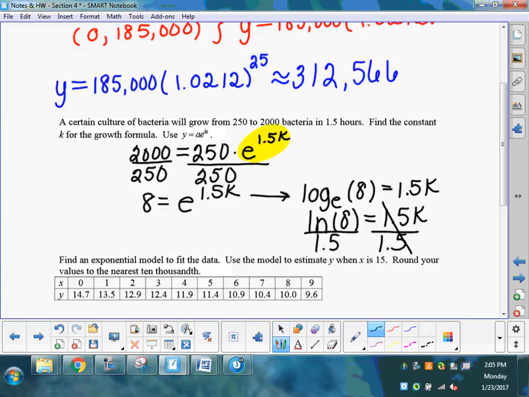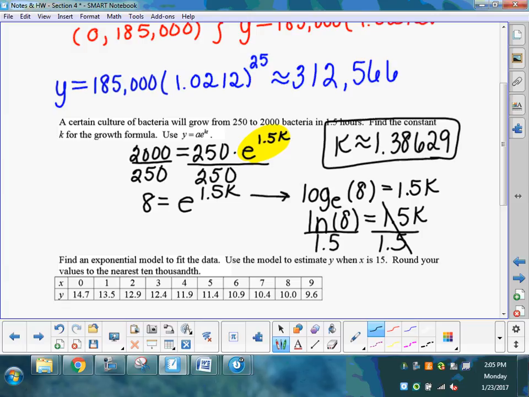Very brave. Go above and beyond. What is that rounded to 5 places going to be? Caleb, let us know when you get it. I only have it to 3 places on my calculator. Go up and select it and hit enter. 1.38629. 38629, is that right? Fabulous. Wonderful. Questions on that?